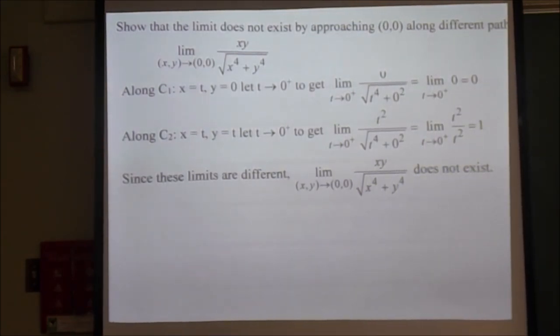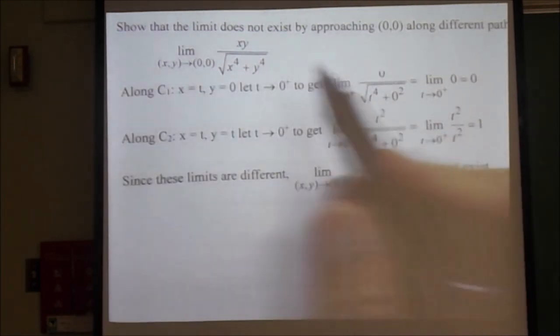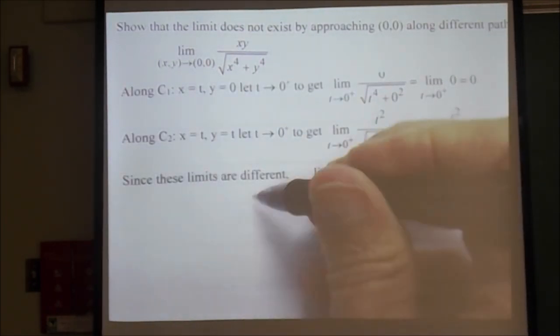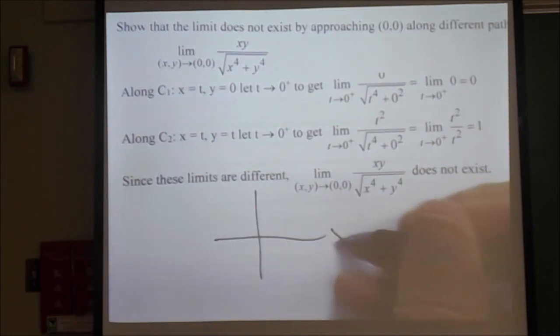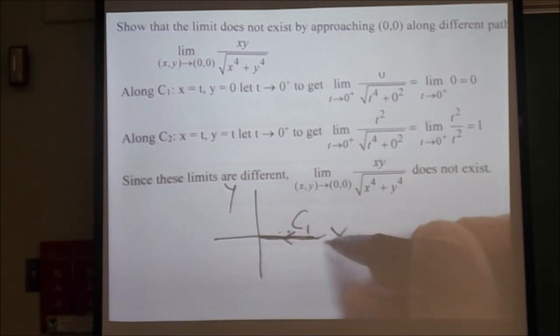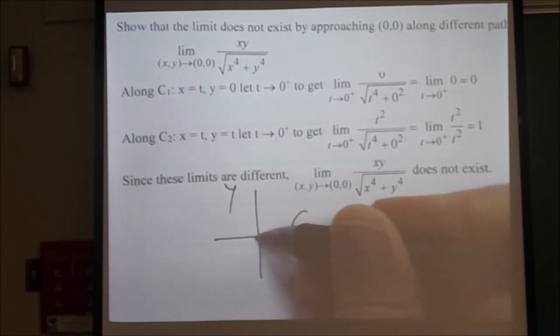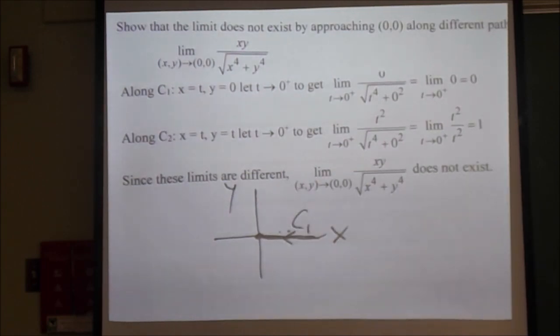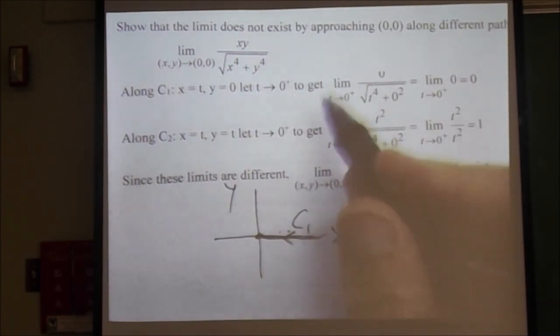I want to point out what is going on here, too. It's worth drawing. What did we do here by saying x equals t, y equals 0? In the xy plane, we're approaching along this path, x equals t, y equals 0, t going to 0 from the right. This is our curve, C1. We're approaching the origin, the point at which we want the limit of the function, like that.